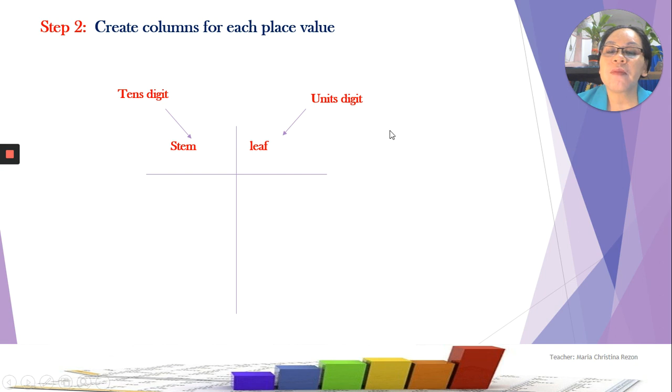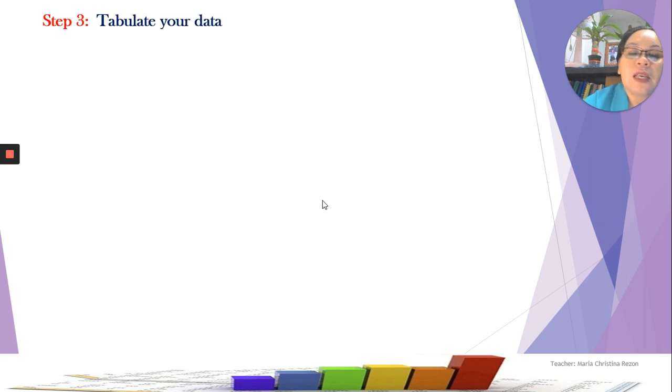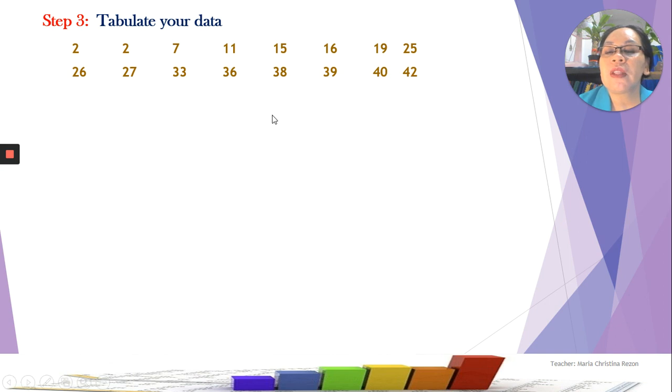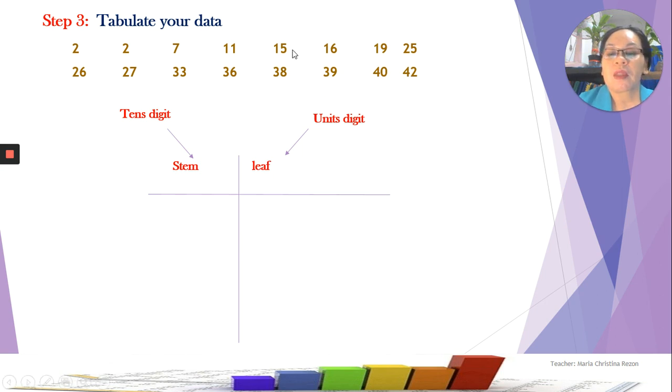Now, after you made these columns here, then we can now tabulate your data. So how to tabulate? Given this data now, you will have to write it here in your columns.